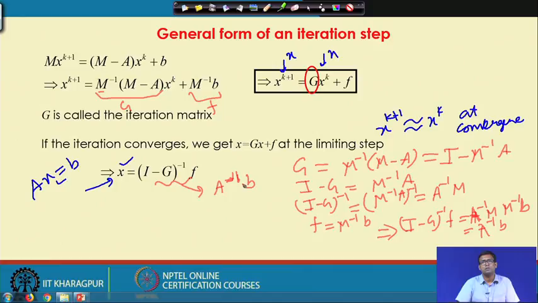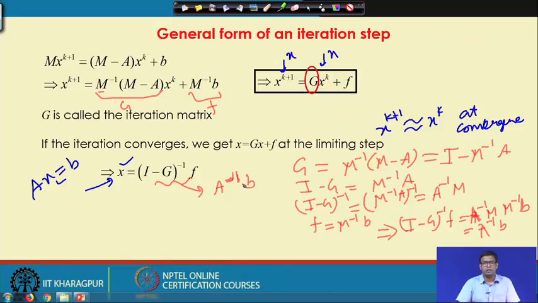Because we have seen direct methods are extremely expensive. If there is a 3 by 3 matrix, it should take 3 cubed, or order of 27, operations, and if this is a very big matrix, the number of operations will be large, therefore computing time will be very high, the perturbation due to round off errors will be very high, etc.